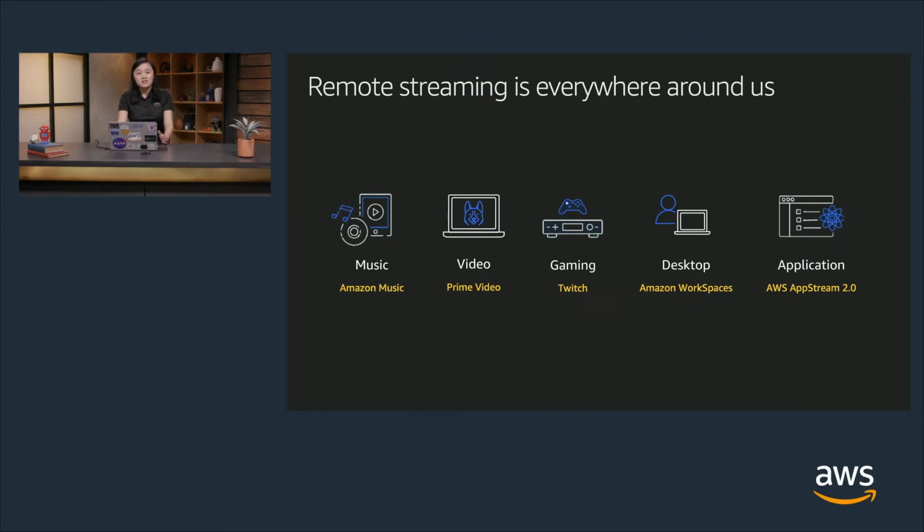In addition, remote desktop streaming and application streaming are two use cases gaining popularity in the enterprise world. For example, many companies now provide remote desktop or application streaming solutions to their employees, enabling them to access their office workstations and applications and data remotely using either a computer or tablet or mobile device.